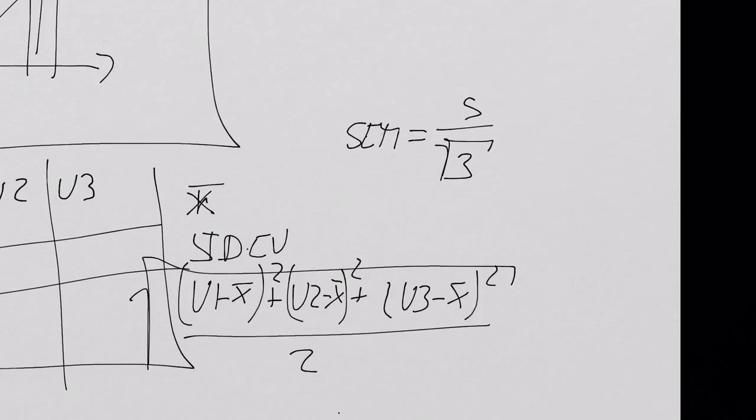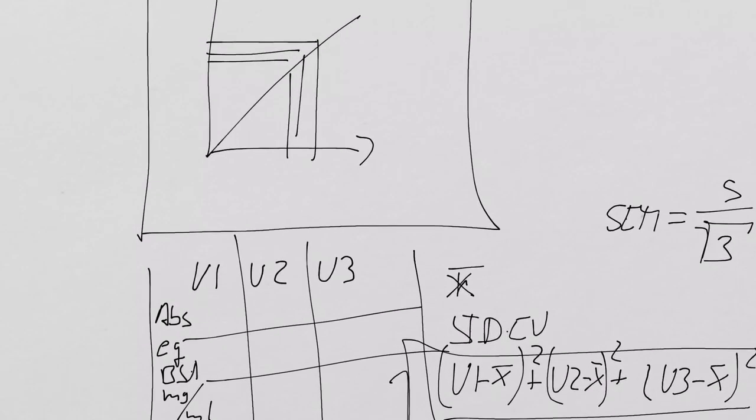Now, last year, we had people who were in tears. Why were they in tears? Because what they discovered was that for their absorbance of the unknown sample, they got U1 equals, I'll just make something up, 0.54, that's the absorbance.